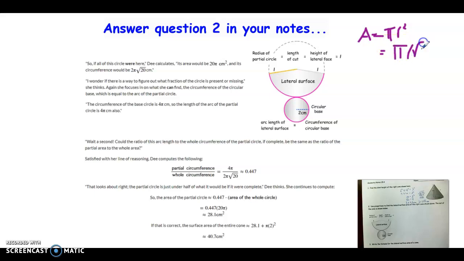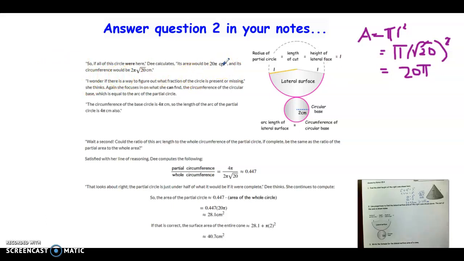So we have the square root of 20 that we're squaring. And of course, the squaring and the square root simply cancel out each other. And so that's how she quickly saw the area to be 20 pi, and of course that would be centimeters squared since it's area.